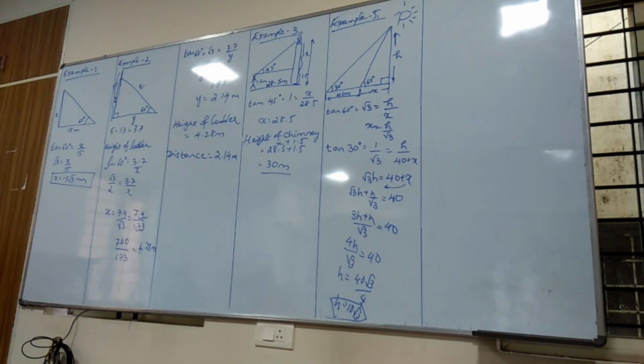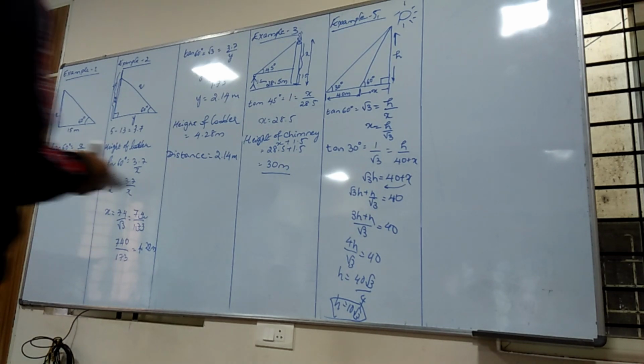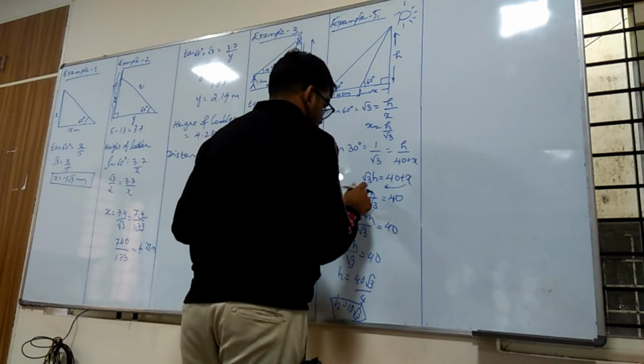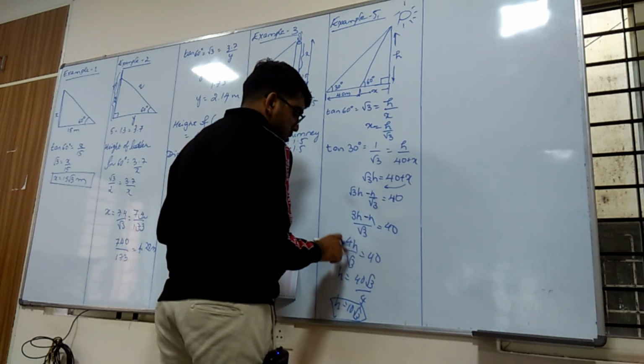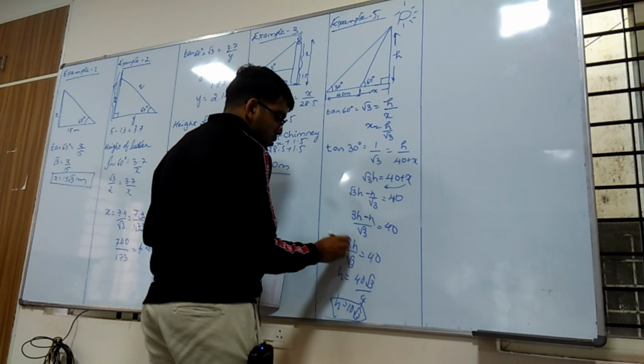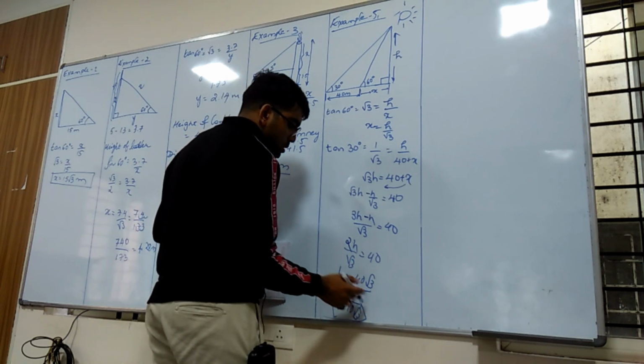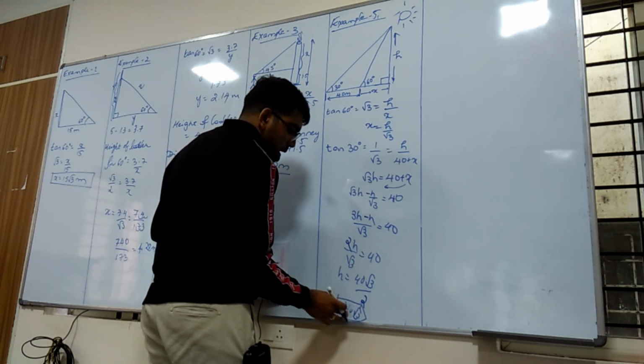Sir, it becomes minus, sir, when transposing x, minus. It becomes 2h. So by 2. So it is 20.